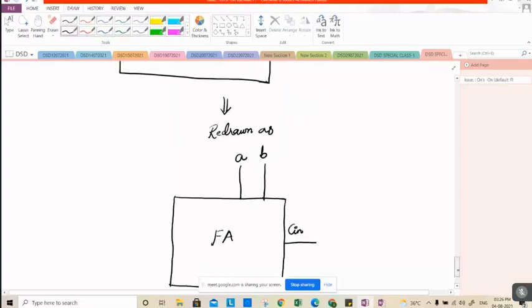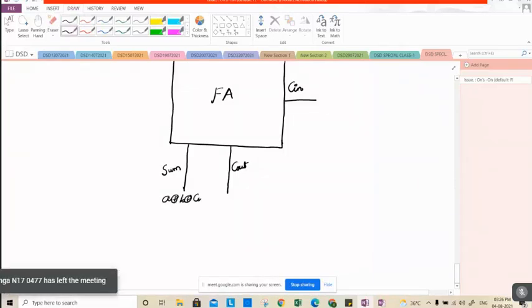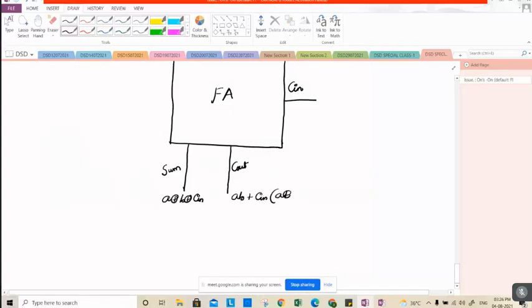Now what are the outputs of a full adder? Sum and carry. Right. Sum is equal to A XOR B XOR Cn. And the carry is AB plus Cn into A XOR B.